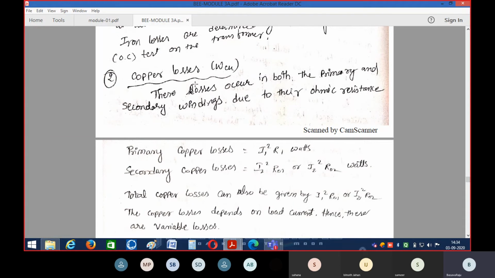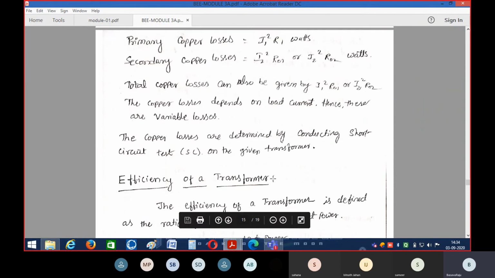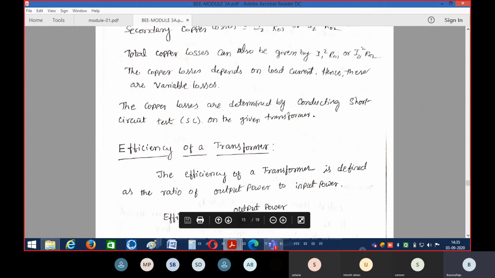So when current flows through the resistance, definitely due to the resistance there will be some power loss, and that loss we call copper loss. Due to the primary current, the copper loss taking place is called primary copper loss. Due to the secondary current, the loss taking place in the secondary winding is called secondary copper loss. So this is about the various losses taking place in the transformer.